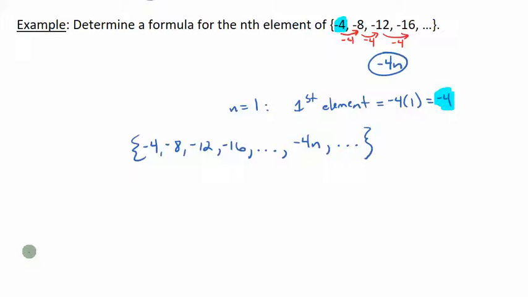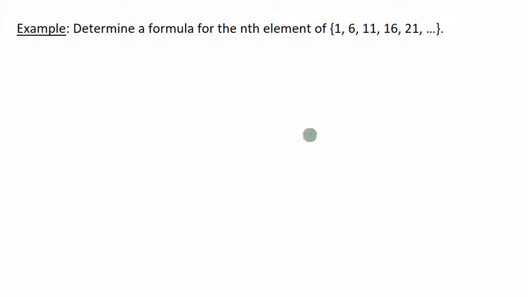Okay, let's do another example that's a bit more difficult. So in this set, we've got an even spacing of +5, etc., which means that we should consider the formula 5 times n.